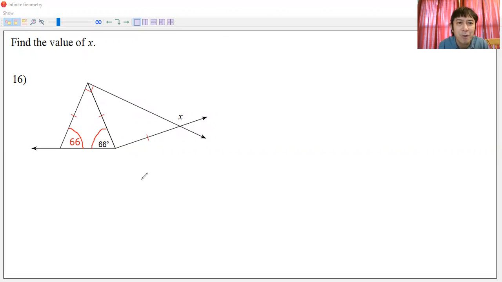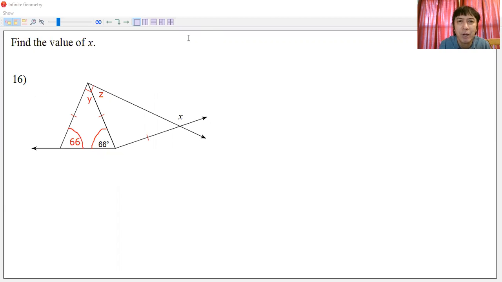And so we can solve this angle over here. Let's put a variable here. Let's call this angle y, and let's call the other angle inside angle z.